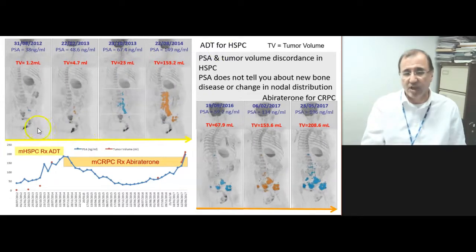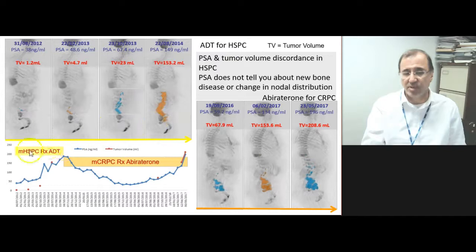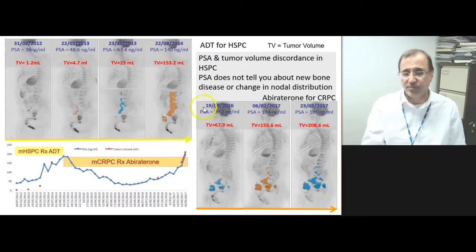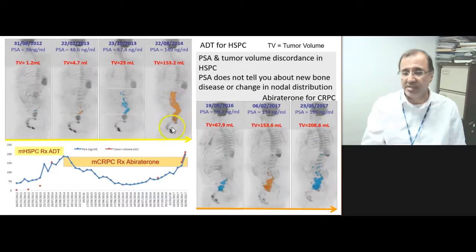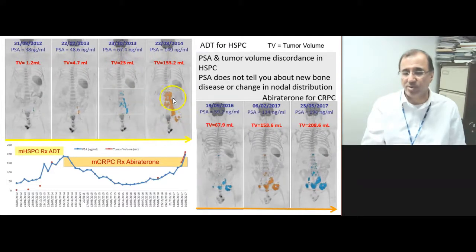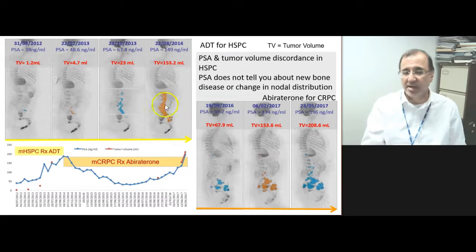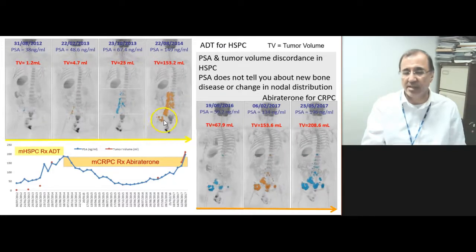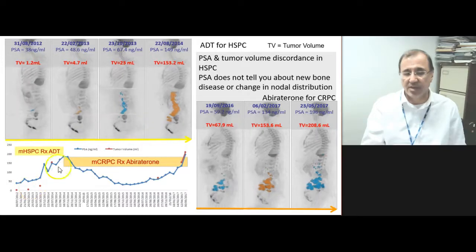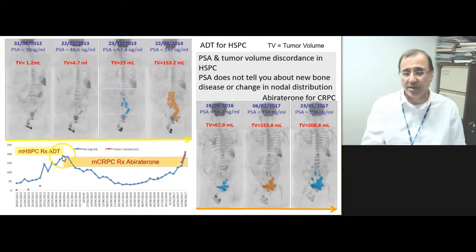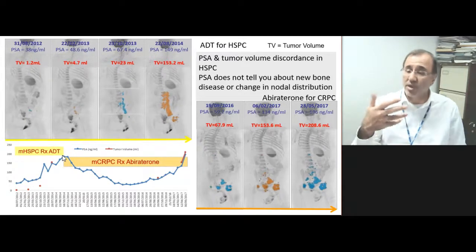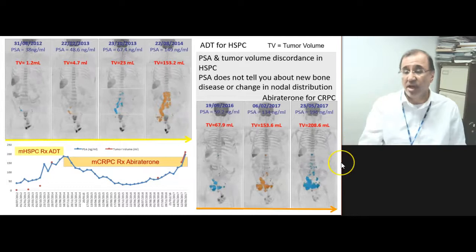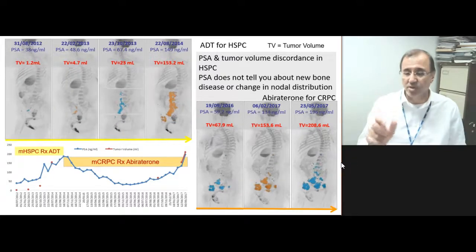So you can see in the hormone-sensitive state, when the patient was being treated with ADT alone, we were using imaging to follow the progression of the disease into the retroperitoneum. So by this time the patient is becoming castration-resistant with the emergence of lymph nodes in the left axilla, and this is the PSA trend. You'll see that he was treated with abiraterone in the castration-resistant state, at which point we begin to see a discordant response.